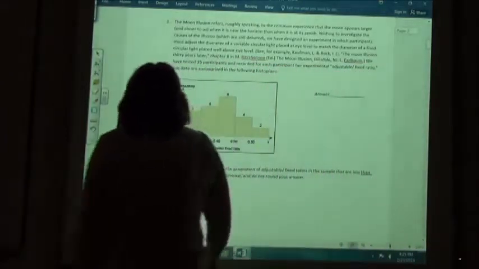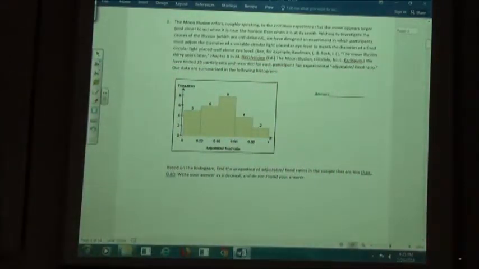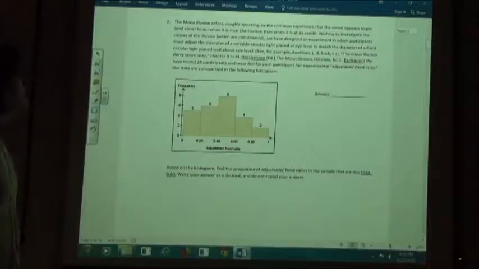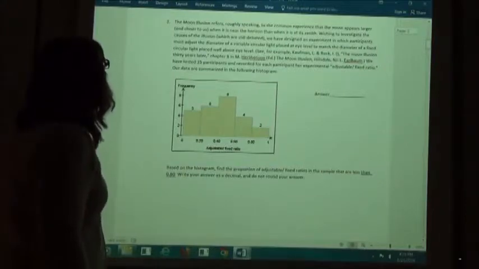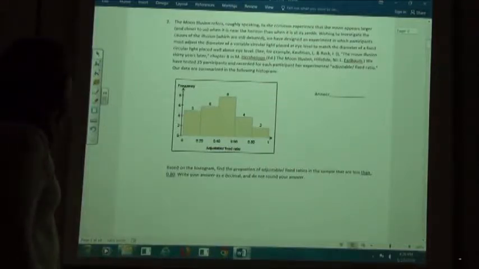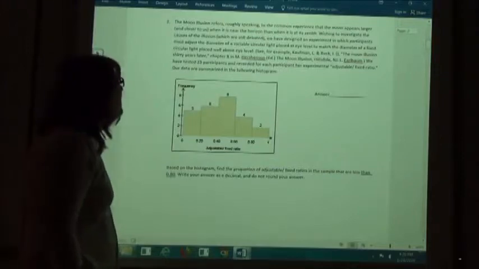So, the moon illusion refers, roughly speaking, to the common experience that the moon appears larger and closer to us when it is near the horizon than when it is at its zenith. Wishing to investigate the causes of the illusion, which are still debated, we have designed an experiment in which the participants must adjust the diameter of various circular lights placed at eye level to match the diameter of a fixed circular light placed well above the eye level.